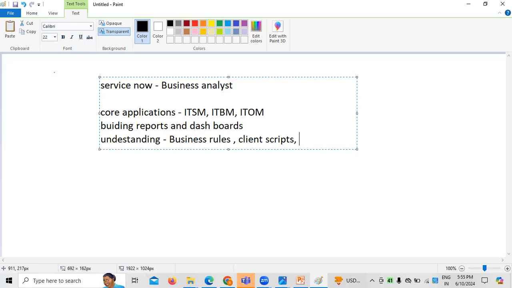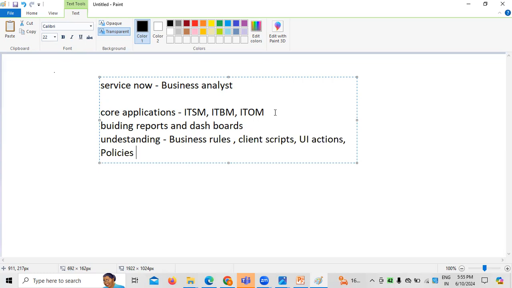At the same time, we need to have knowledge of the user interface actions, whatever user interface actions you are required to perform, as well as the policies. So what are the different policies do we have? User interface actions and policies were required.